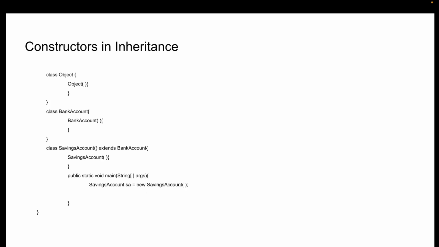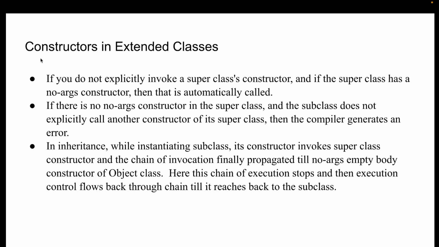It will invoke this particular constructor, and then this constructor will invoke the parent constructor, and then it will go all through. I'll show you this while I create a demo exercise. So see, constructors in extended classes.